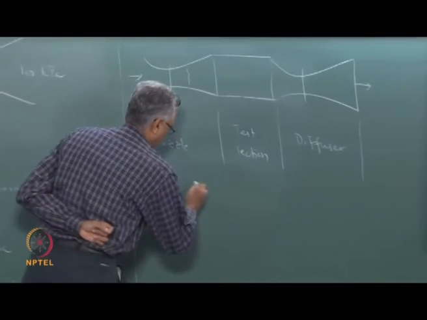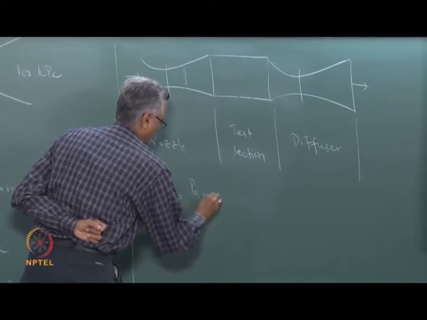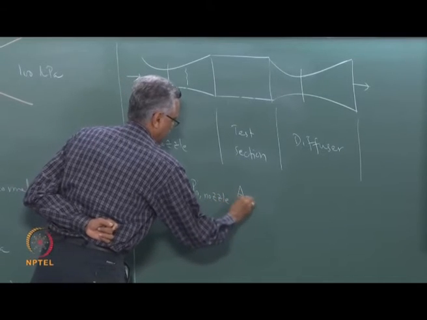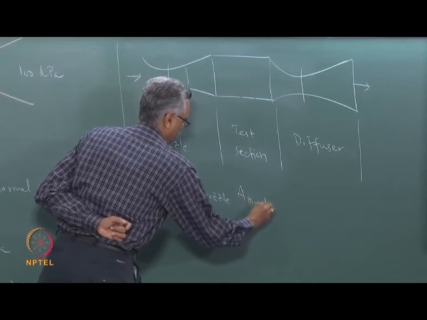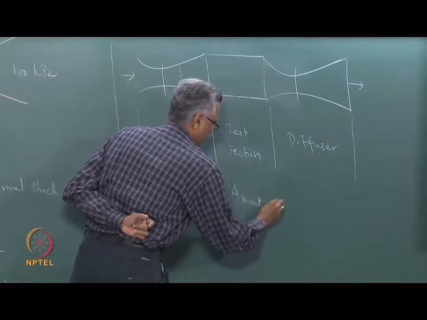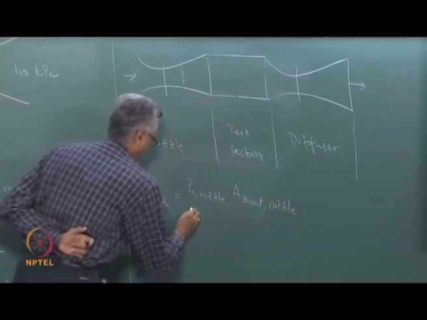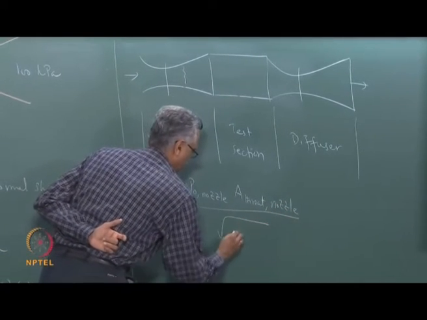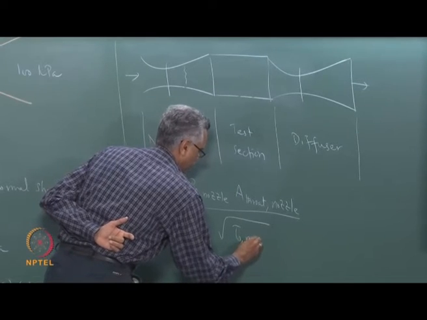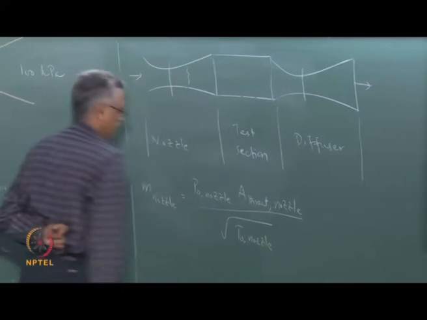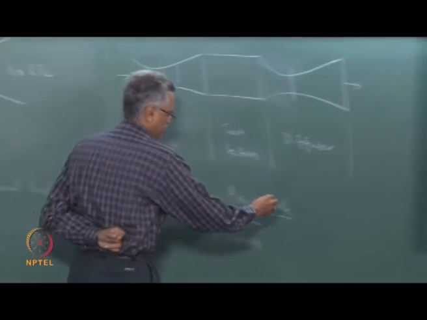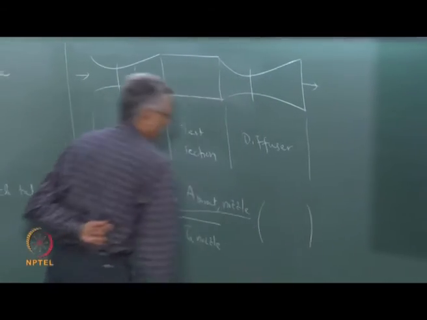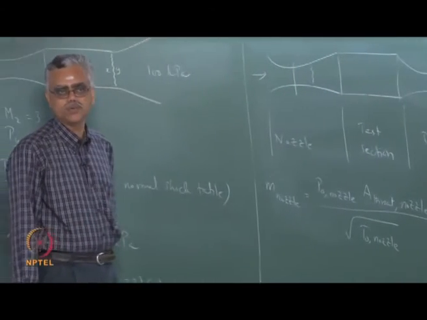P0 nozzle times A throat for the nozzle divided by square root of T0 nozzle, and then we have a quantity which depends only on the property of the gas.